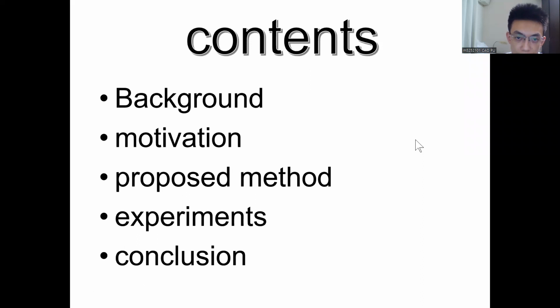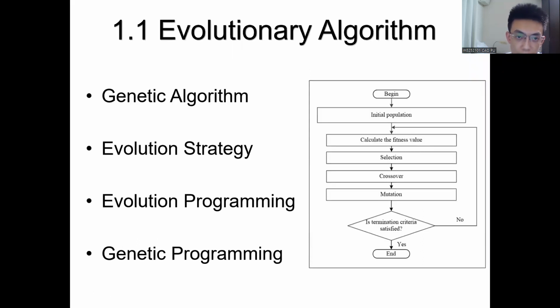So here are the contents. At first, I'd like to show you some background knowledge. Genetic programming is one of the evolutionary algorithms, but it's quite different from the other three kinds of evolutionary algorithm.